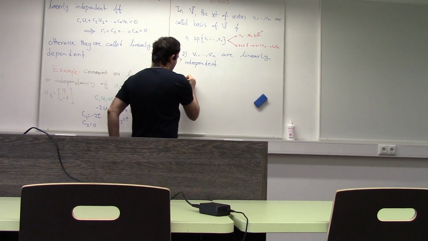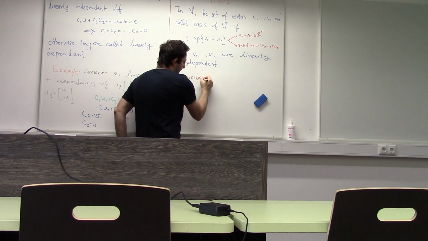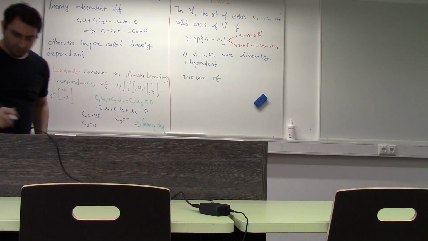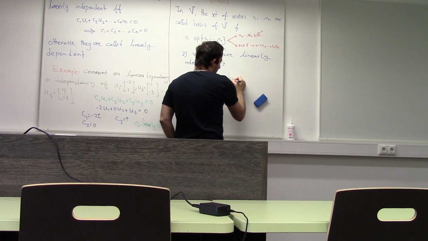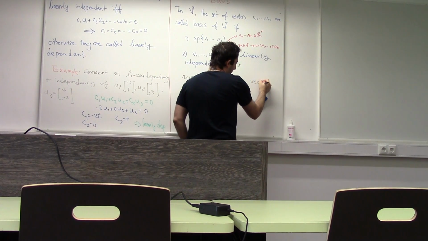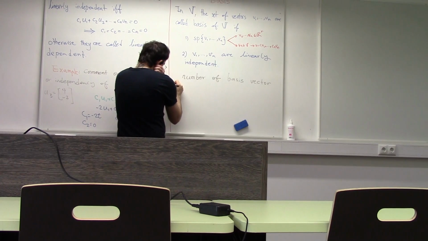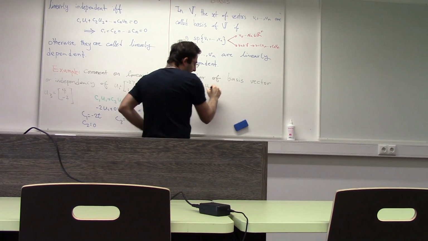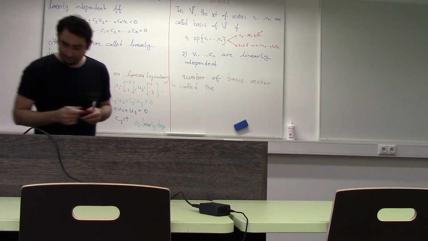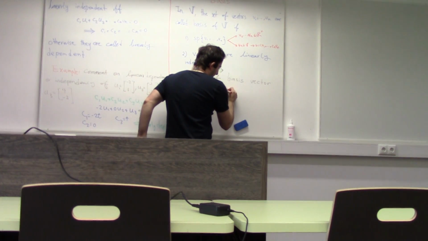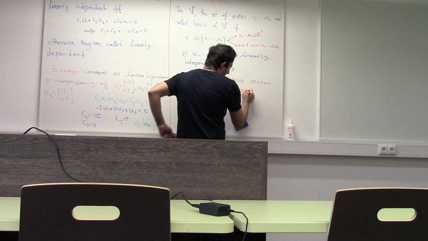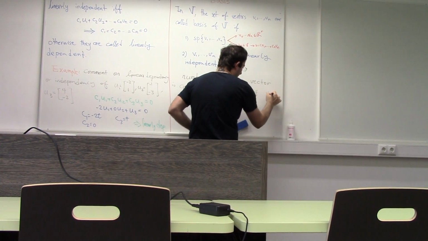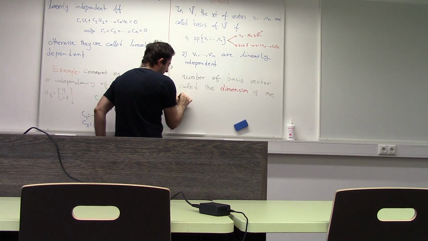The number of basis vectors is called the dimension of the vector space.